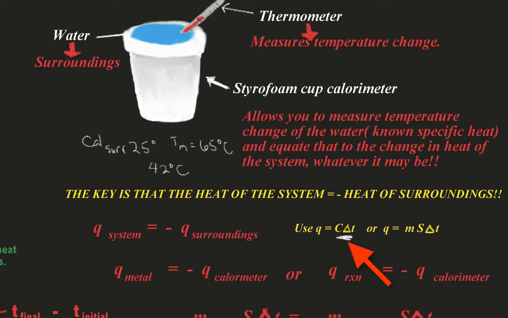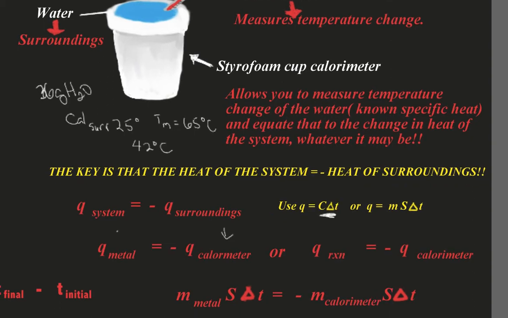And you would say C delta T equals negative C delta T. One of them is going to be a C delta T for the calorimeter, which is going to be the water, using that 4.18 measure I gave you for the specific heat. And I would need to give you the mass of the water, so I don't know, 18 grams or 36 grams, it doesn't matter. Once I gave you the mass, you could plug in.